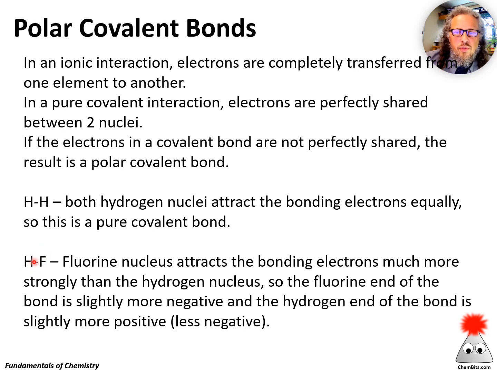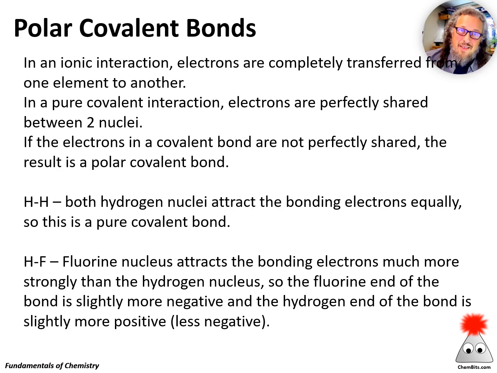So the electrons involved in this bond are being attracted to the fluorine much more, which means that the fluorine side of the bond is going to have a little bit more electron density, is going to be a little bit negative, and the hydrogen end of that bond is going to be a little positive. So this is what we mean when we refer to these as polar covalent bonds. They've got a dipole where one end is partially positive and one end is partially negative.